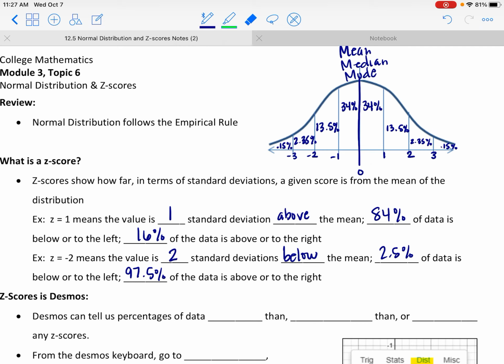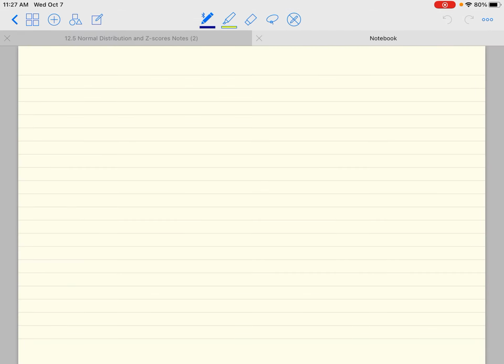Okay, so z-scores tell you how far in terms of standard deviation you are from the mean. Let me show you an example. Let's say we were looking at the weights of newborn babies. The mean was 8 pounds and the standard deviation was 1 pound.